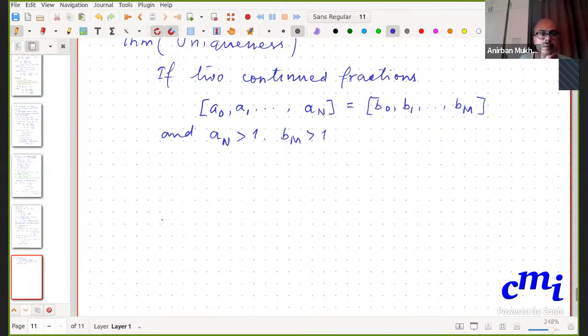So if two continued fraction expansions are the same and the last entries of both are at least 2, then they are the same. So then m is going to be equal to n. They are first of all of the same length, and the fractions are identical.